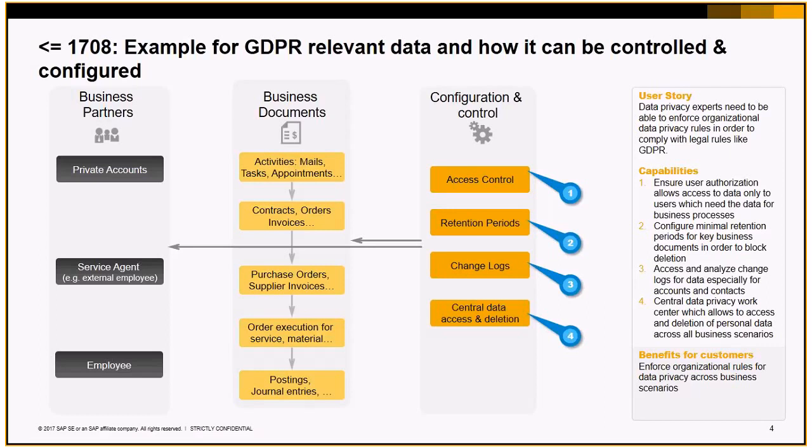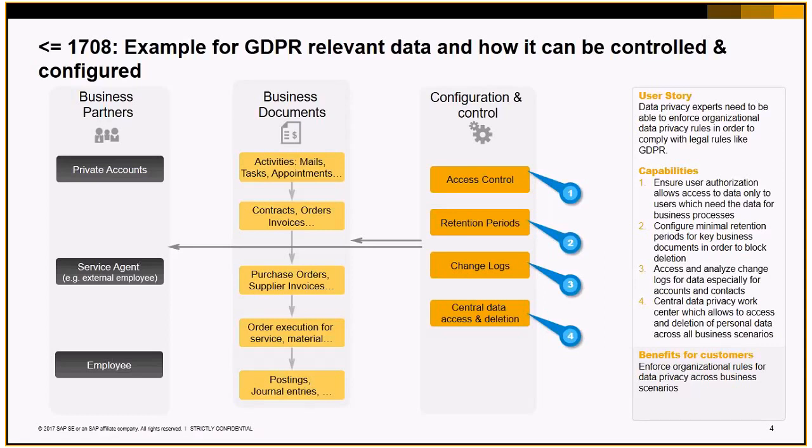And we offer a wide range of functionality to control access to that data, to control the so-called retention periods, that are the periods which control until when data needs to be stored, and then afterwards it can be deleted. And we also track the changes and we allow to disclose the data and also to request the deletion of the data.